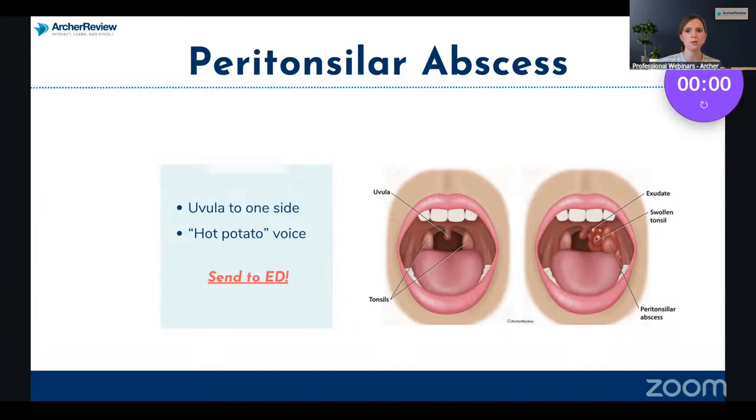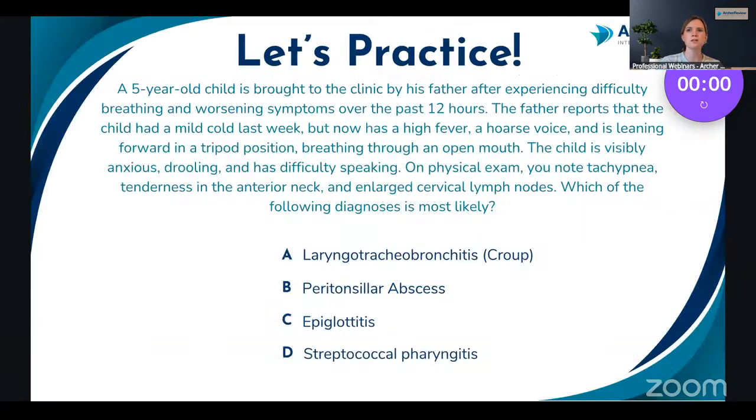And our next question: we have a 5-year-old brought to the clinic by his father, who's experiencing difficulty breathing and worsening symptoms over the last 12 hours. The father reports that he had a mild cold last week, but now has a high fever, a hoarse voice, and is leaning forward in a tripod position.